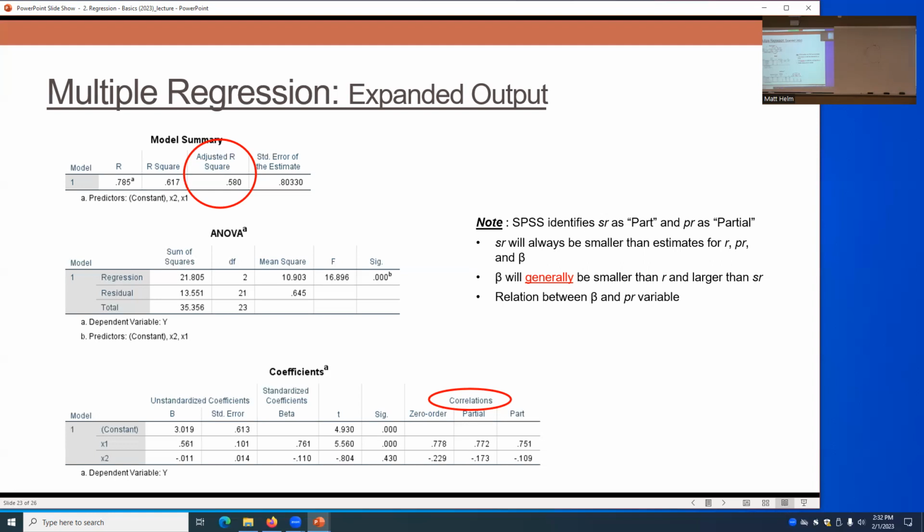Here are my partial correlations. Remember, partial correlation is telling me, after we pull out everything attributable to other predictors in the model, of that residual variability, what's attributable to my predictor, okay? So here we can go through and square these, right? If I square, someone tell me what 0.772 squared is.